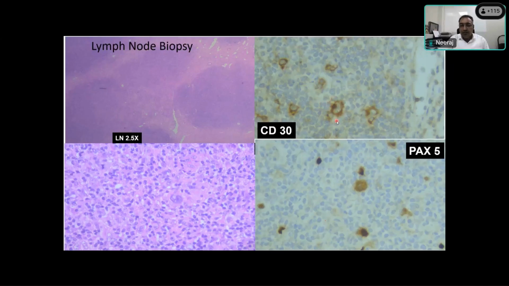So these Hodgkin-like cells are showing very nice CD30 positivity, and on PAX5 you see a slightly weaker expression in these large CD30 positive cells as opposed to some of the strong CD20 or PAX5 cells here. Next slide.